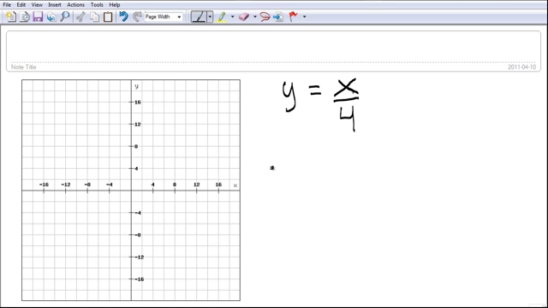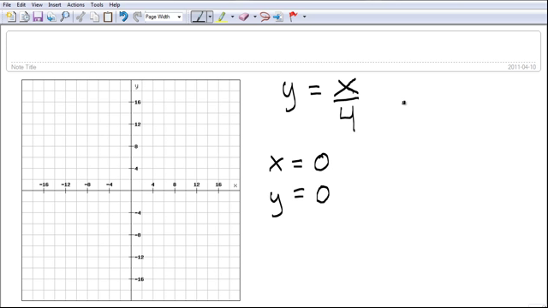So let's say we choose x equals, well, why not 0? Then what is the y coordinate? We put 0 in here and we get 0 over 4, which is 0. So the y coordinate is 0.